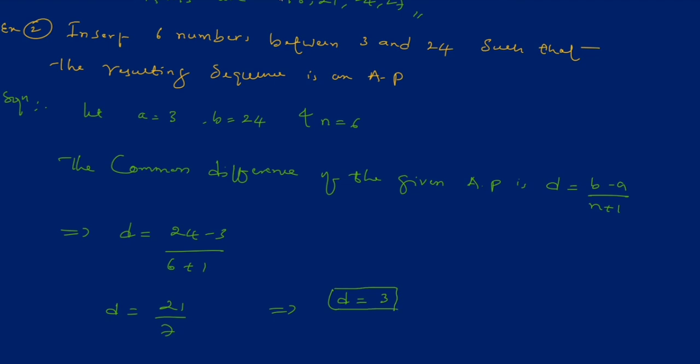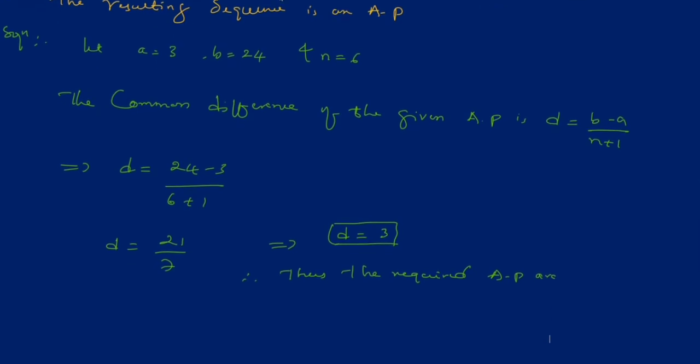Thus the required AP is 3, 6. The common difference here is 3, right? So 3, 6, 9, 12, 15, 18, 21 and finally 24.